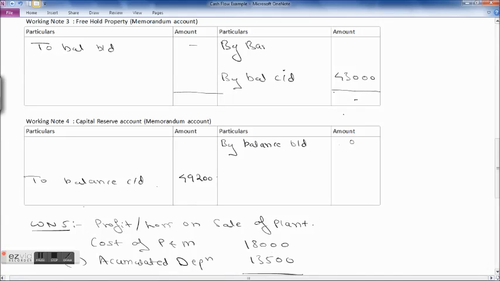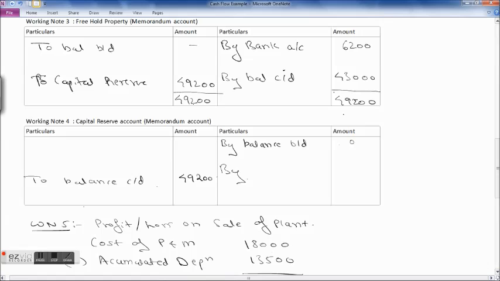By bank account, how much? 6,200. Okay, so 49,200, right? So this is nothing but this has been transferred to capital reserve.